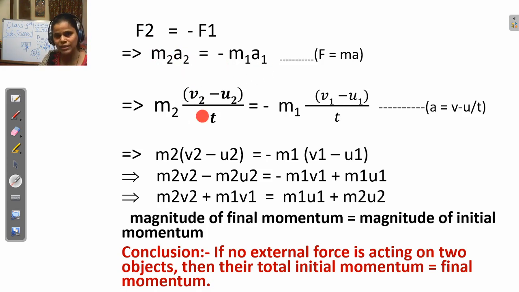Put the value of the acceleration, v minus u upon t. Then t and t cancel. Then multiply m2 into the bracket and conclude your statement: the magnitude of the final momentum equals the magnitude of the initial momentum. I hope you understood.